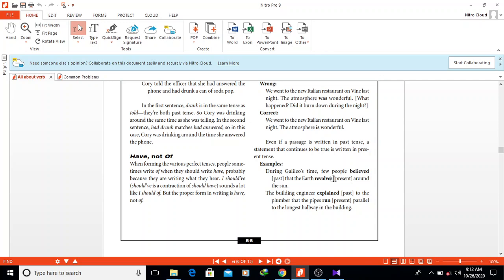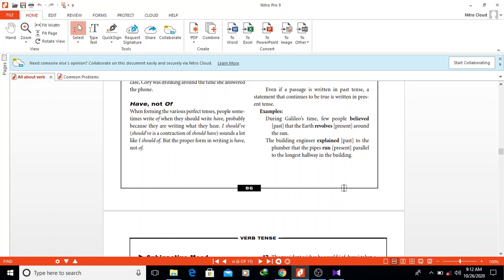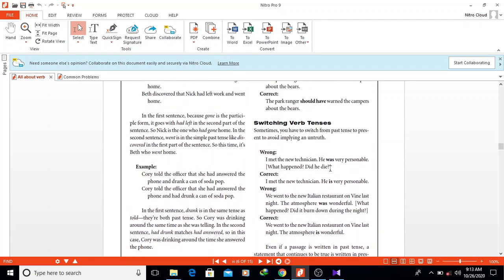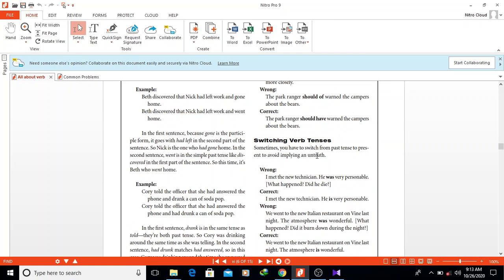It happens until now, so you still use simple present there. You have to analyze very carefully when to use the tense. If it implies something happened in the past, then of course you use simple past. But if it's a general truth, you cannot use simple past, because even now it happens. That's the point of switching verb tenses.